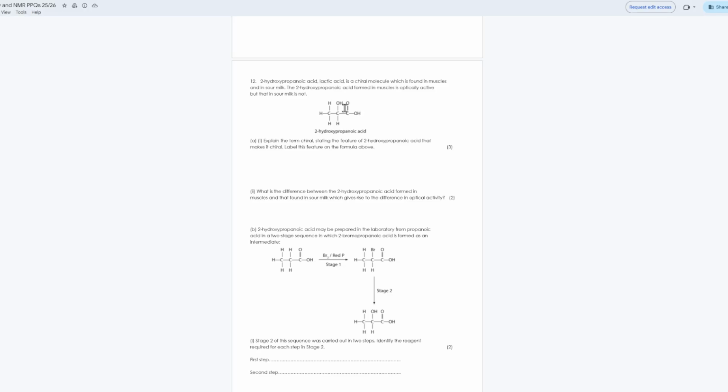So I'm just going to write label second carbon asterisk, because I'm not going to draw the whole thing out.